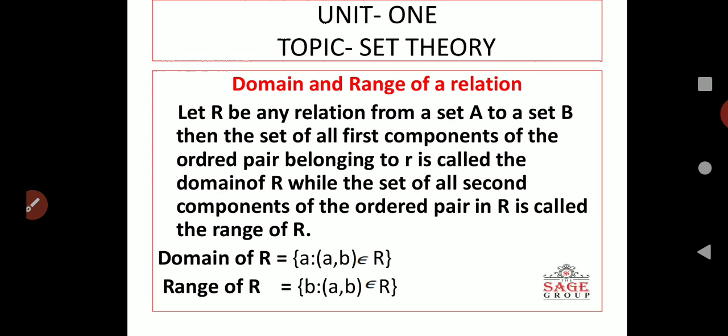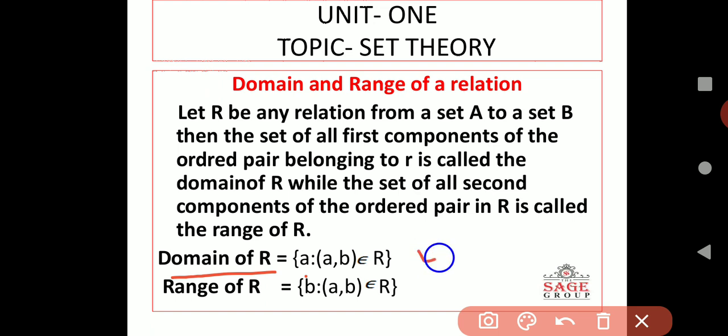The second component is called the range of R, and the first component of all the ordered pairs is called the domain of R. Mathematically, the domain of R is equal to a such that (a, b) belongs to R, and the range of R is equal to b such that the ordered pair (a, b) belongs to R.